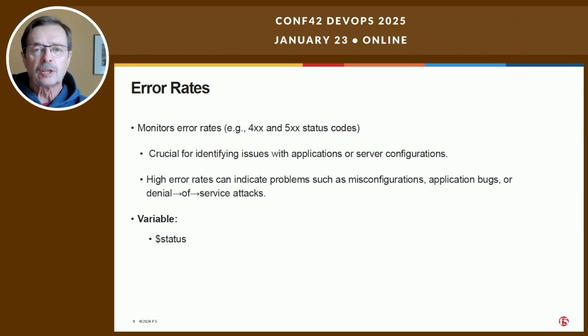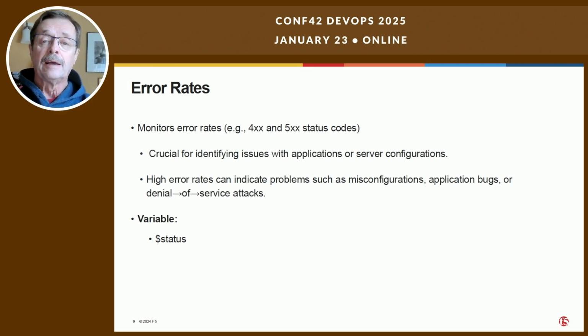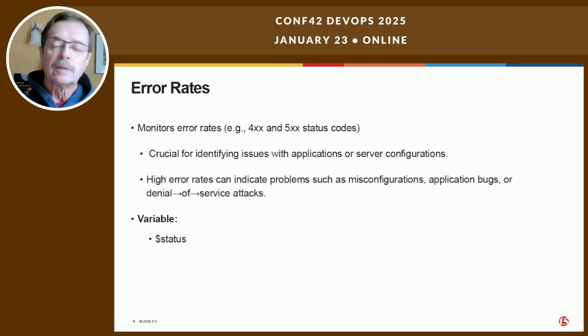Look at application bugs. Is the application doing something wrong? Or do you simply have a misconfiguration, something that's causing a breakage between the incoming client and the server, or as we return that information? And here, status is your variable of choice. Status will give you that particular set of information.